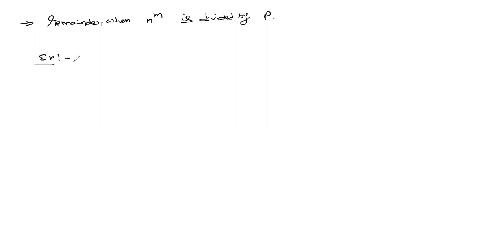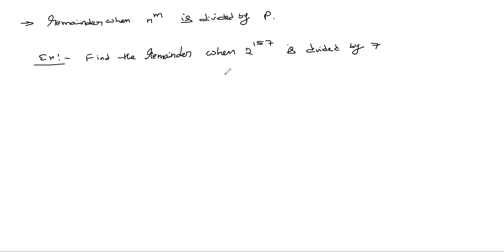For example, find the remainder when 2 power 157 is divided by 7. To solve such type of problems, first we have to transform the base for this exponential form nearby 7.